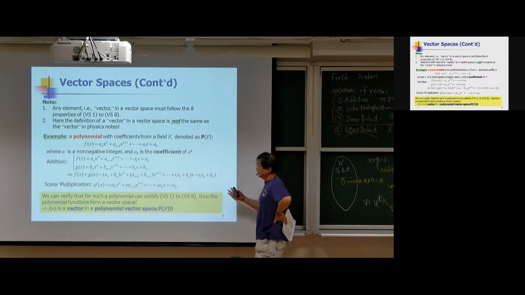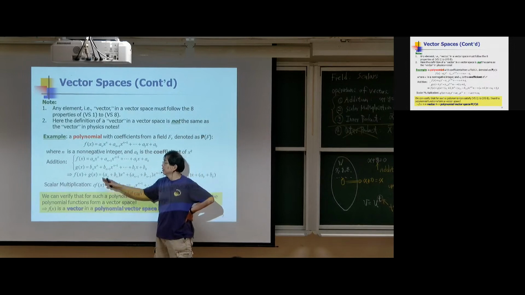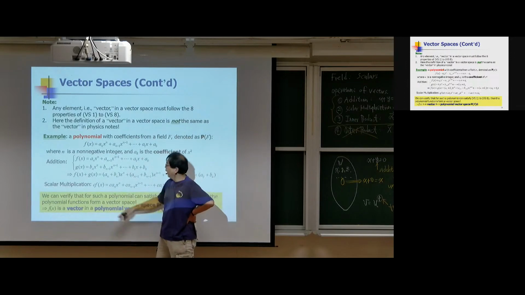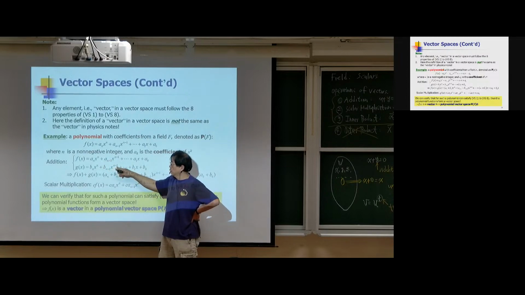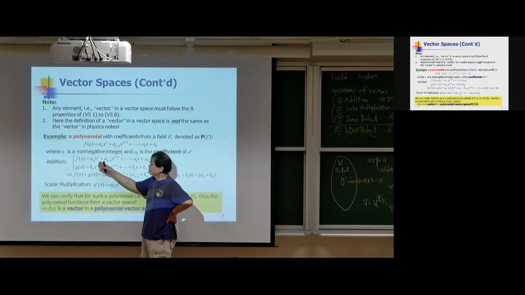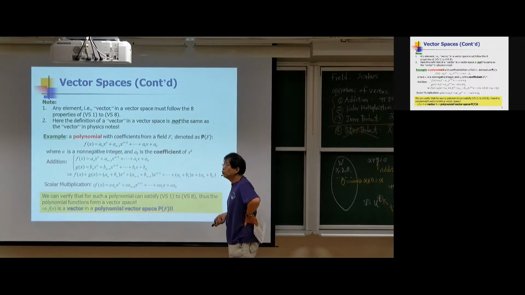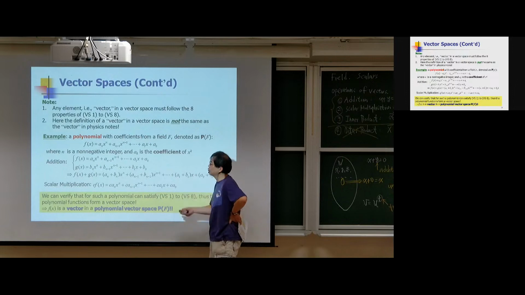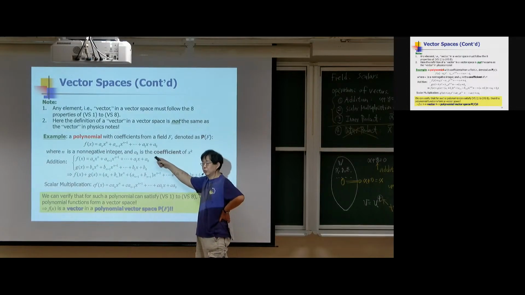Because we have the definition of addition: if we add two polynomials together, we only add the coefficients with the same power. We cannot add a_n to b_(n-1) because they are not the same power. So we define the addition of two polynomials. f(x) equals a_n times x to the power of n plus a_(n-1) times x to the power of n minus 1, etc., plus a_1 times x plus a_0 times x to the power of 0.